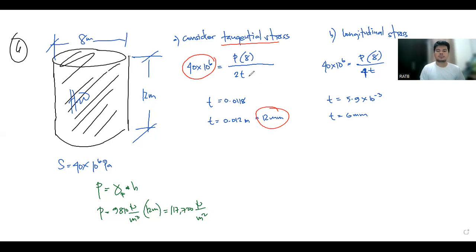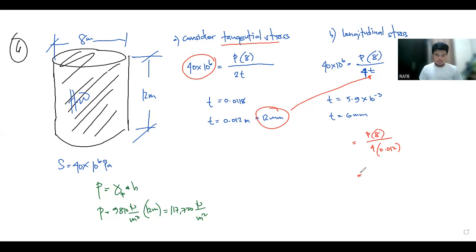Now we try to substitute t in the longitudinal formula: the longitudinal stress is equal to P times D divided by 4 times t, that's 0.012.